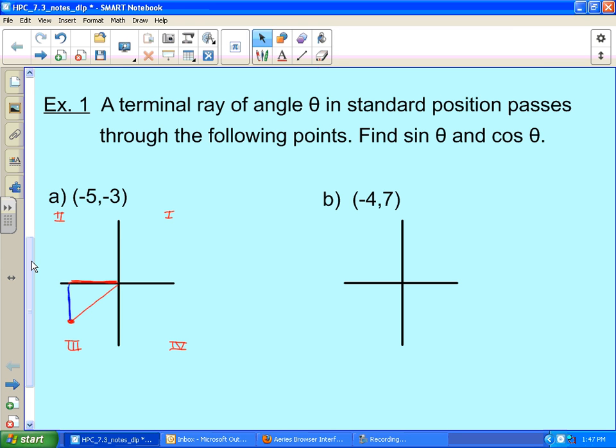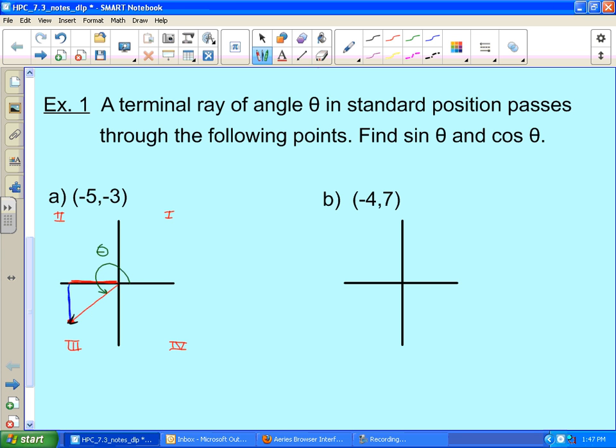We've created this angle. We've got this new triangle, and we've turned some angle. We don't know what that angle is, but it would be this. There's our theta that we've spun around and created this terminal ray, that allows us to be at -5, -3.